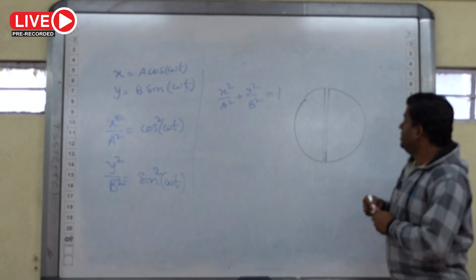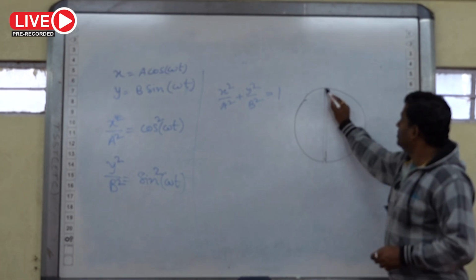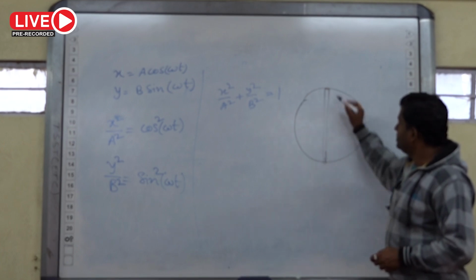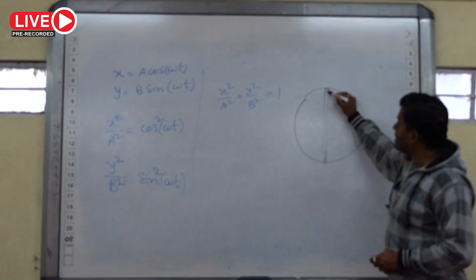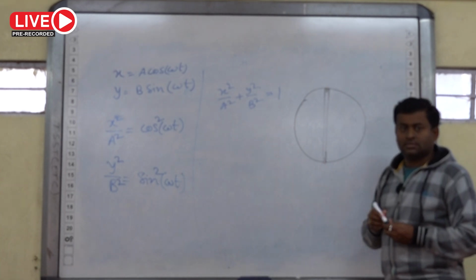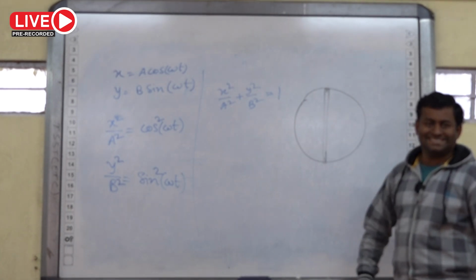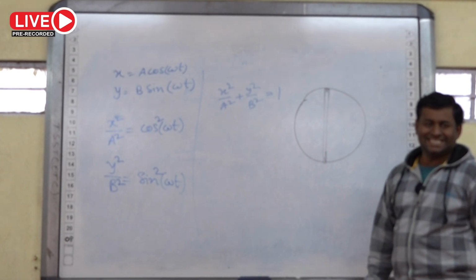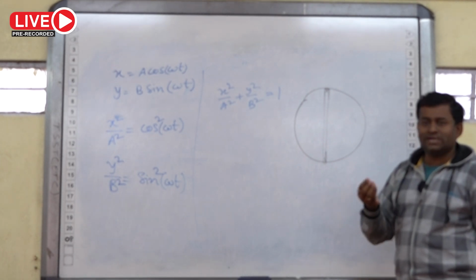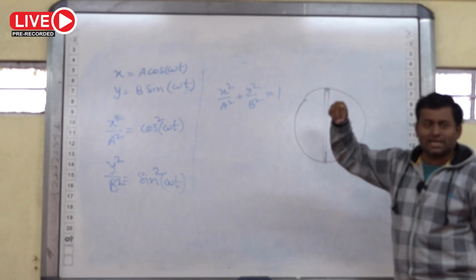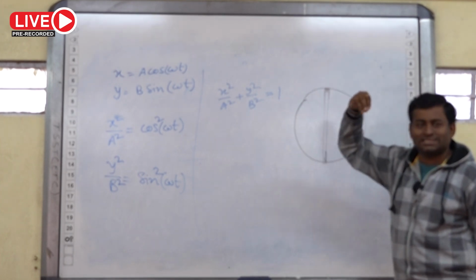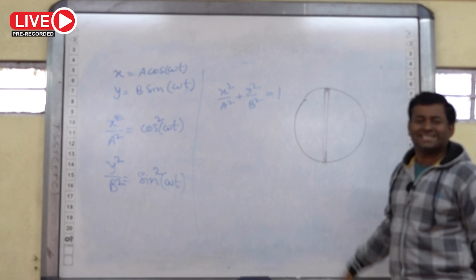Now, from this portion, if you drop a particle, it will not go out from outside. You cannot say that I will drop a ball through a tunnel from one side of the earth, and it will come to the other side of the earth.